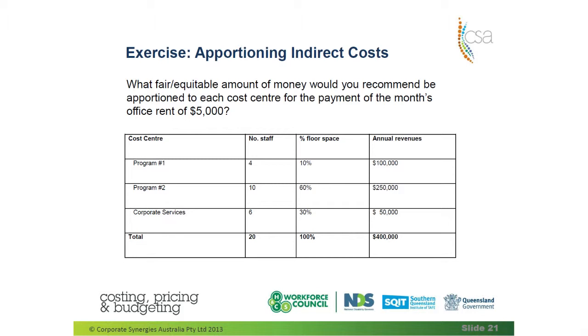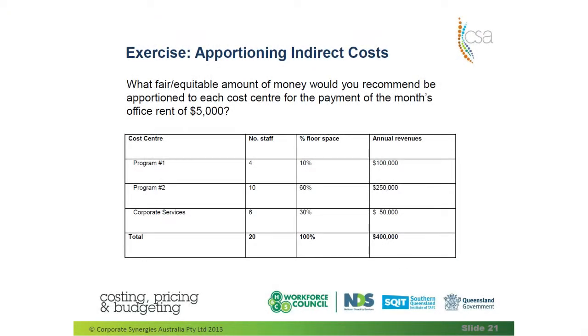So the question here would be, how would you allocate the amount of rent of $5,000 per month to each one of those programs? And there's quite a few different scenarios.